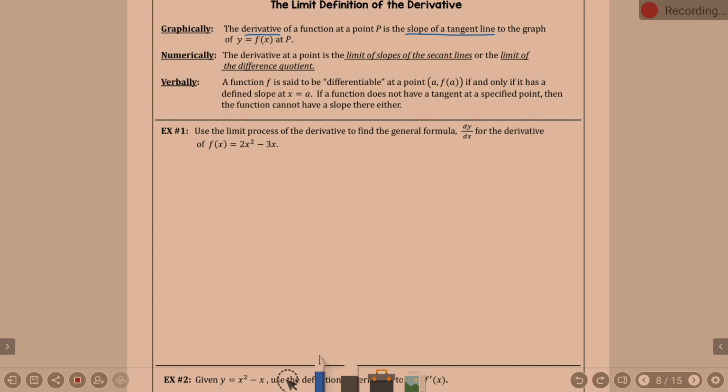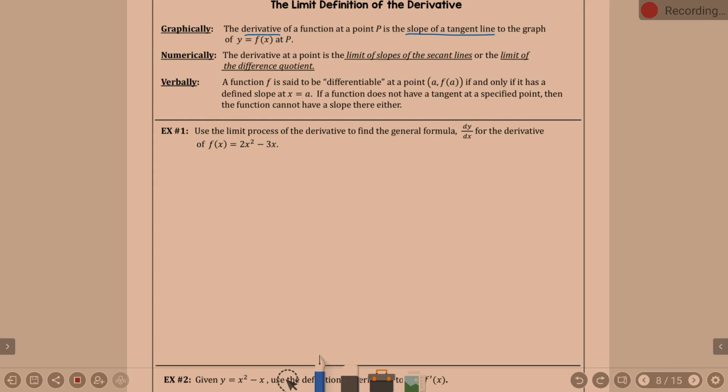If a function does not have a tangent at a specific point, then the function cannot have a slope and it's not differentiable. We'll talk about things like hard points, like curves. But if you have a hard point or something where there's a vertical tangent, then we run into places where it's not differentiable.